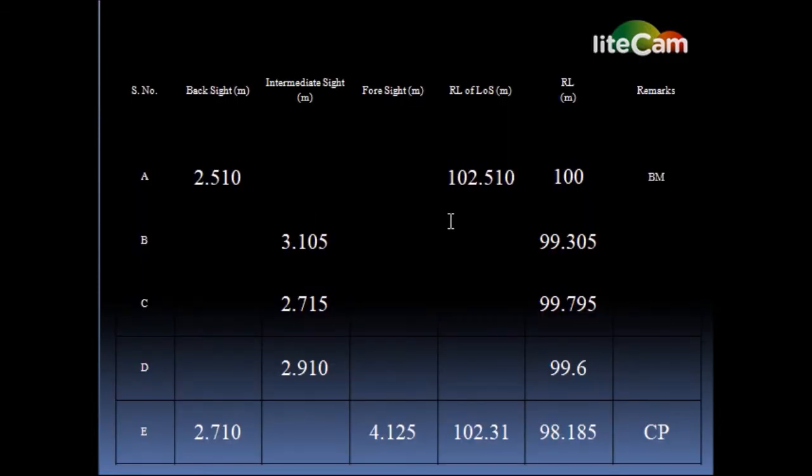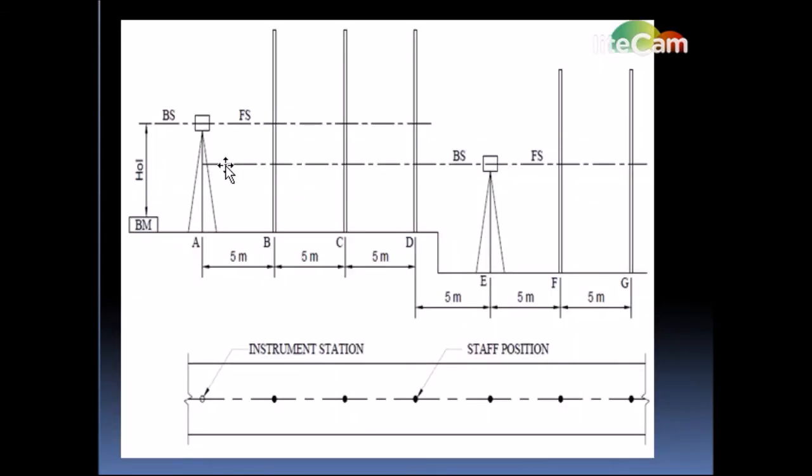Okay, here it is done in the same way. RL is determined by the RL of benchmark plus the backsight. Okay, so this is the RL of LOS. So the idea is that we are subtracting the intermediate sight from this LOS till it is not visible.